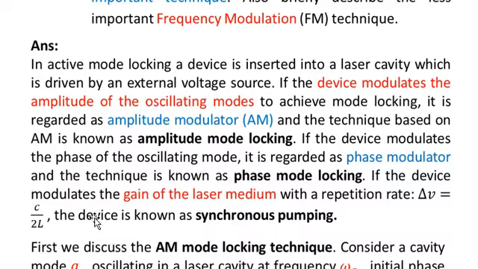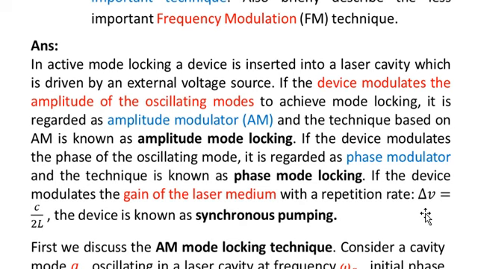You know that in the laser, the longitudinal modes are separated by a spectral distance delta nu, and delta nu is equal to c over 2L, where L is the length of the cavity. So all the longitudinal modes are separated by this distance delta nu.